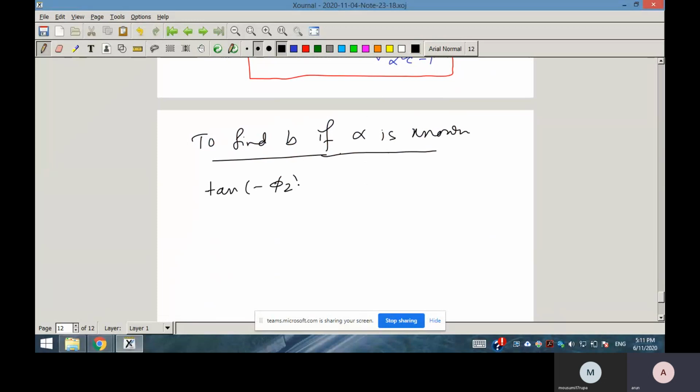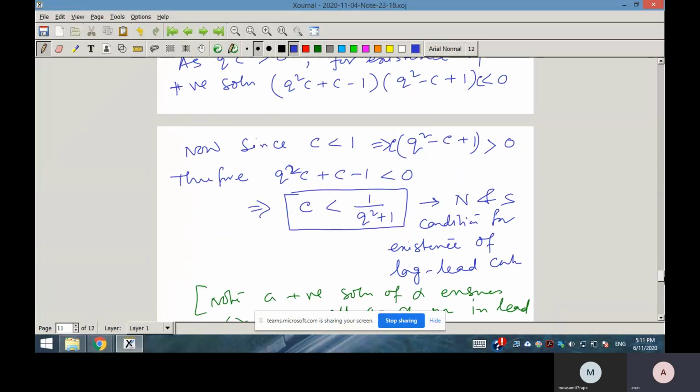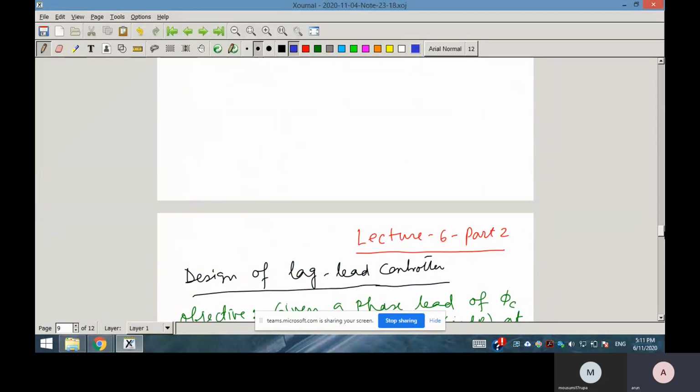So you can easily write phi 2 equal to tan inverse of omega c by b, minus... so I'll write it that way. What is your phi 2? Phi 2 is tan inverse of, what is your lag part?